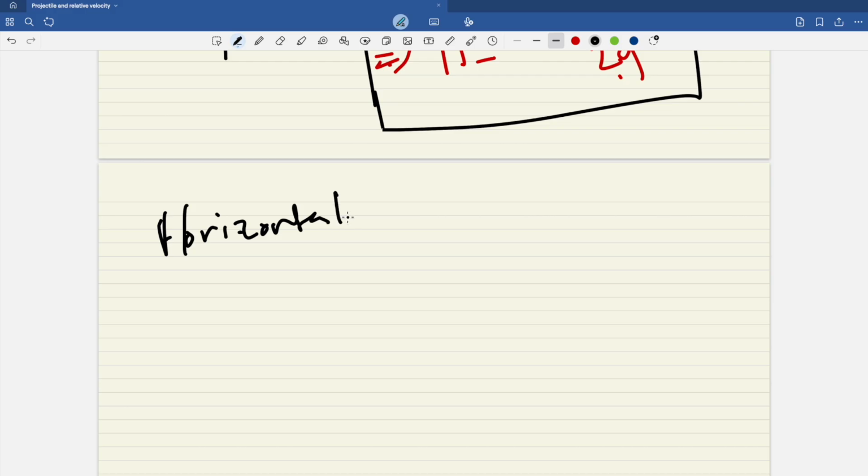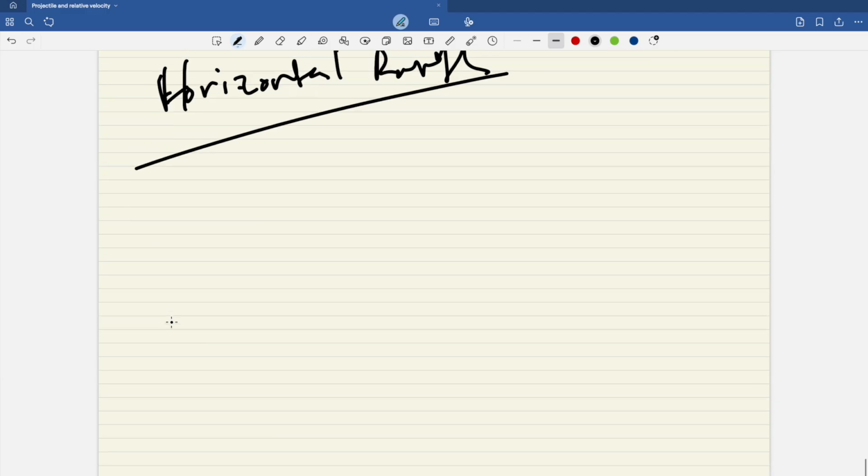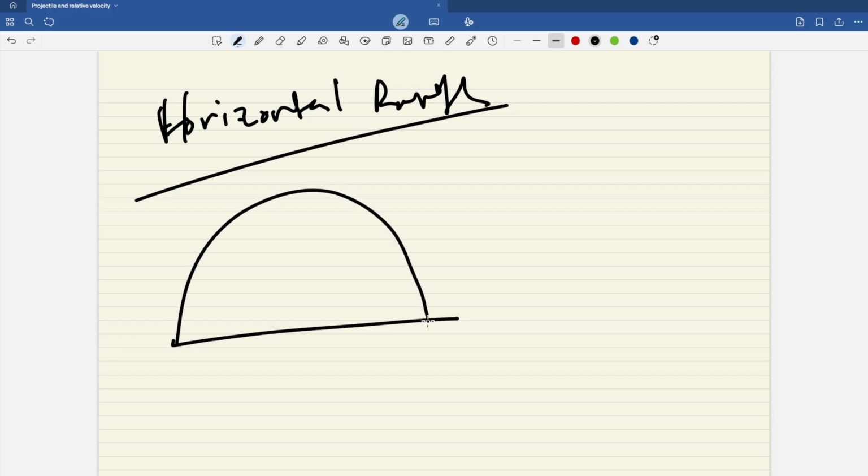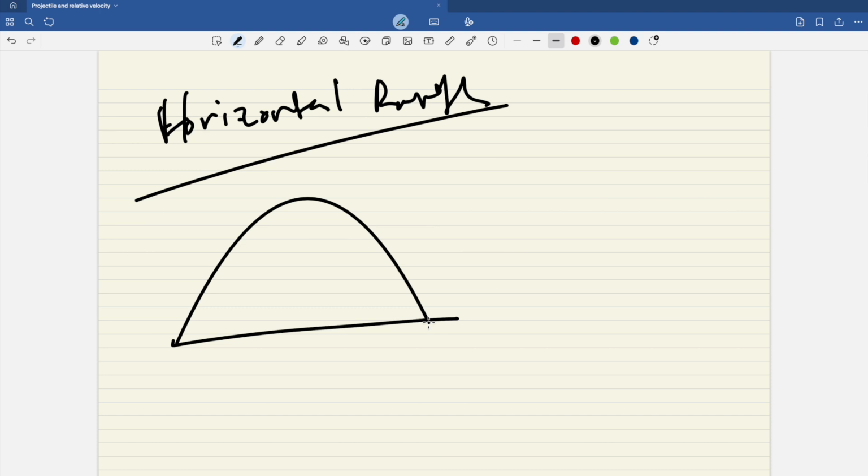Horizontal range. What is the horizontal range in projectile motion? The distance covered at x while traveling in the curved trajectory. The travel distance at x is your horizontal range.